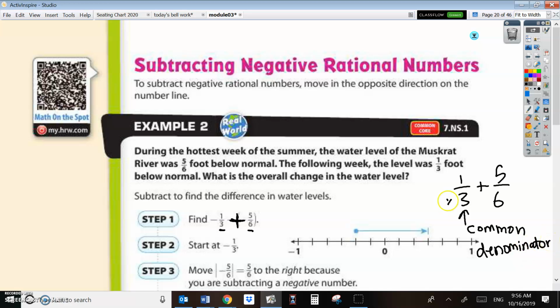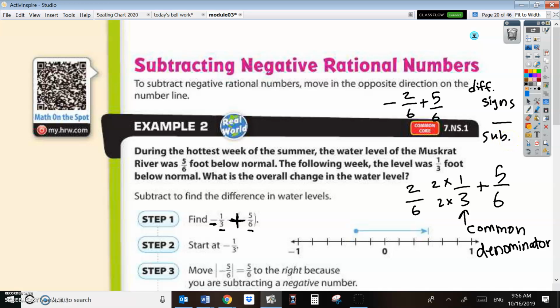So multiply that by 2 and that by 2, and you're going to get 2/6. Now, remember that that's negative, so you have -2/6 plus 5/6. So this is different signs, so you need to subtract.